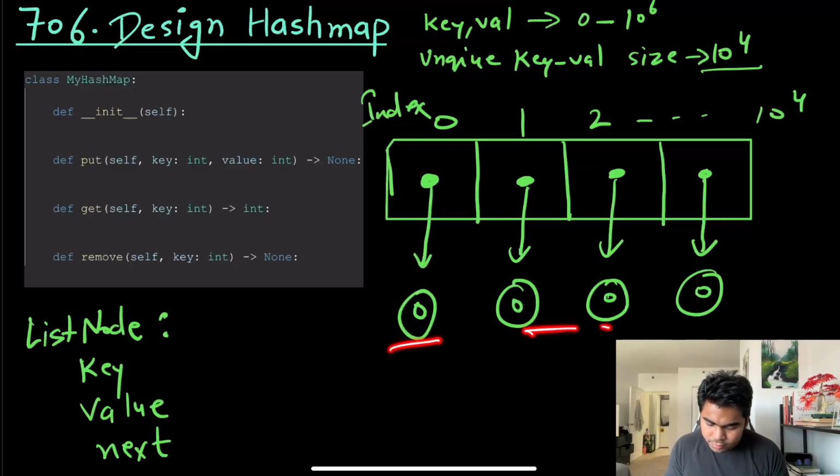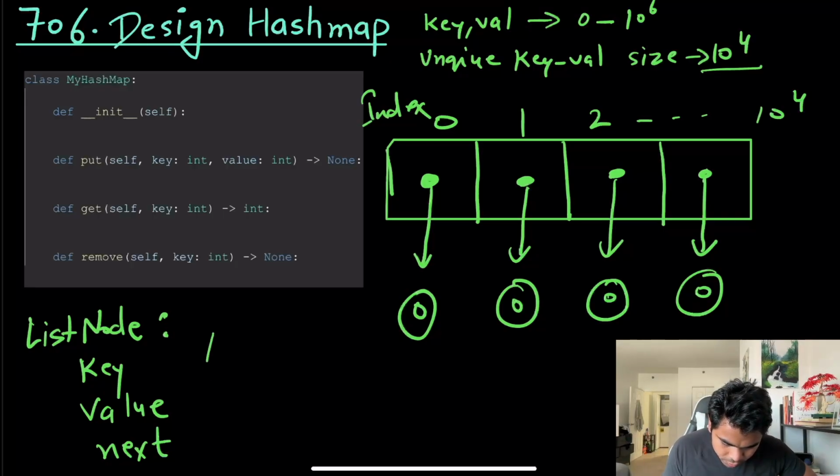Initially they all have 0 as a key or value, whatever, but next time you can store the key 0, and there could be 0 value as well. But then next time you want to store something, let's say the key is 1 and the value is, let's say, 5. This is key, this is value.